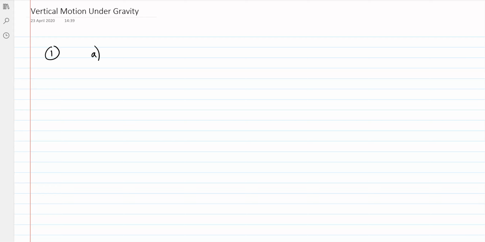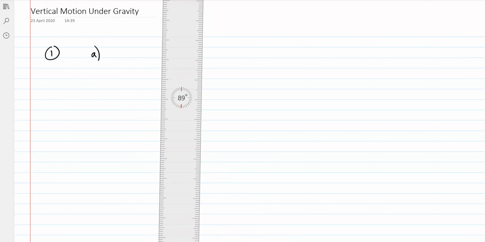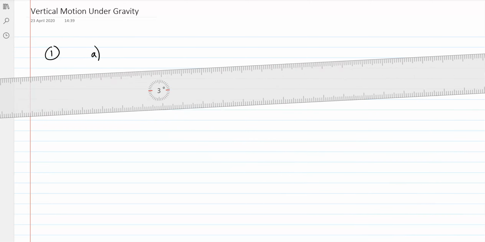So as is often the case with these, we're going to draw a little diagram, so we've got an idea of what's going on. We can picture and visualise what's happening in the question. So a book falls off the top shelf of a bookcase. So let's draw our bookcase.